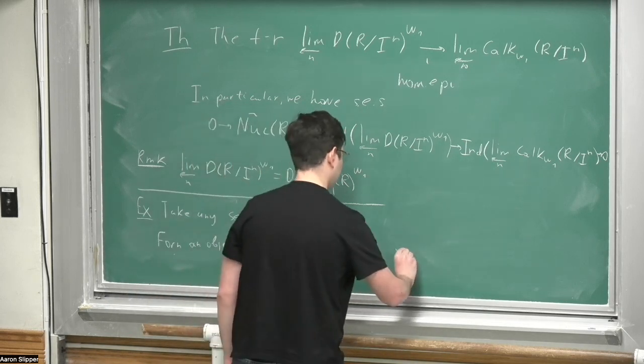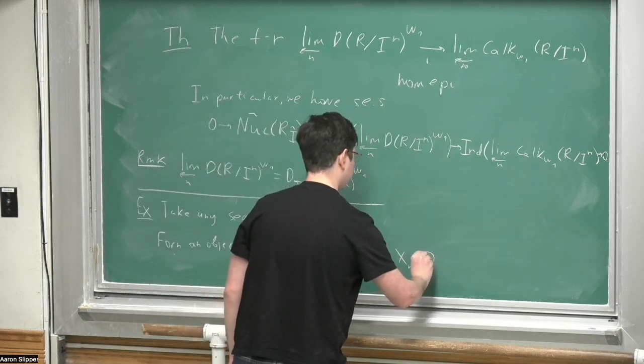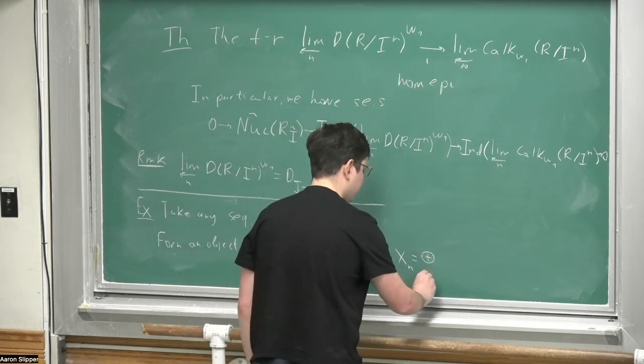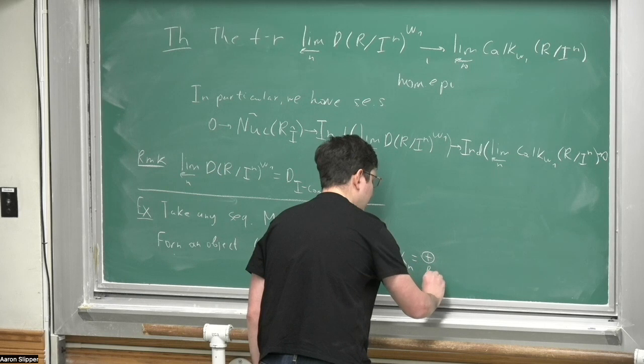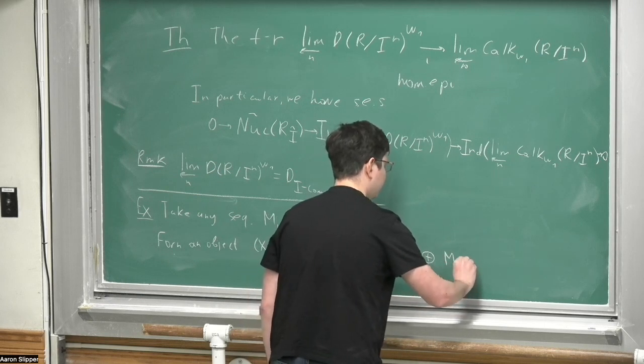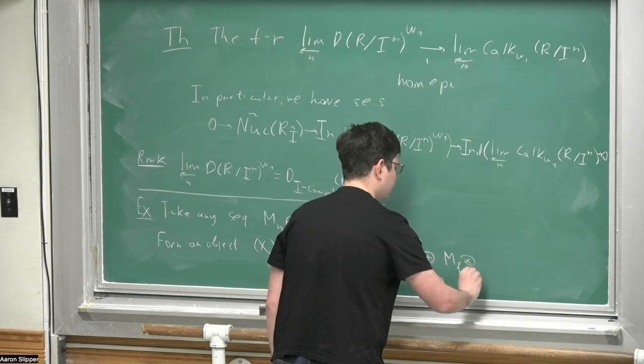Where Xn is just the direct sum of pullbacks, you take the direct sum of, let's say, L relative to M, take this ML and pull back to R mod I to the n.